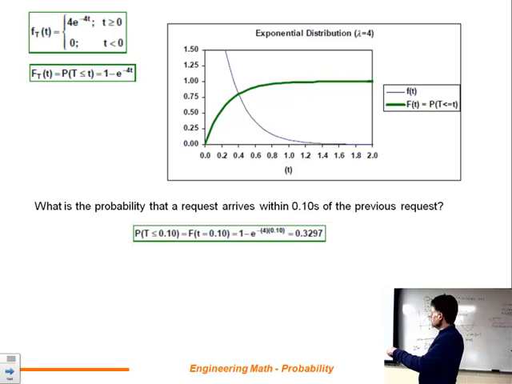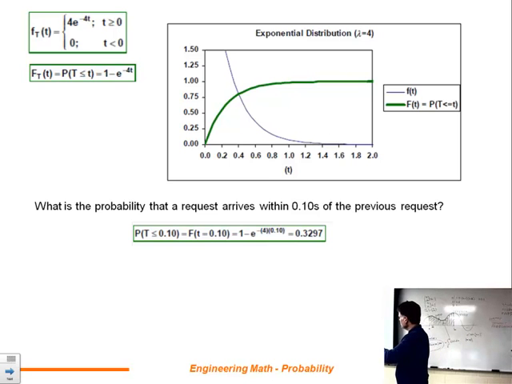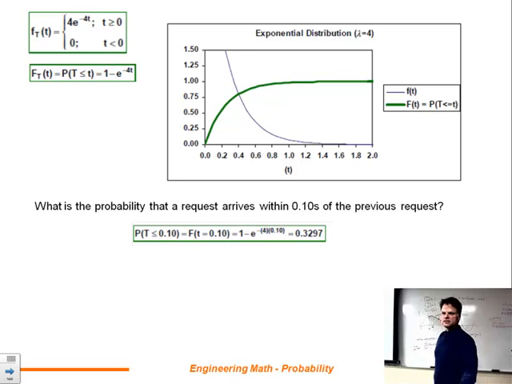And so you plug in 1 minus e to the minus 4, which is lambda, times 0.1. And so you get 1 minus e to the negative 0.4, which is roughly that. So that's about 1 out of 3. So there's about a 1/3 chance that you're going to get your first request in the first 1/10 of a second. That sounds about right. Okay.